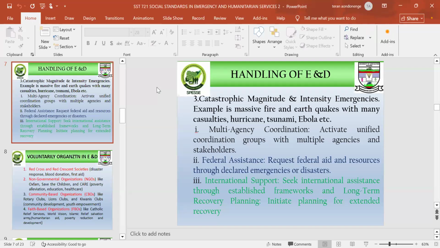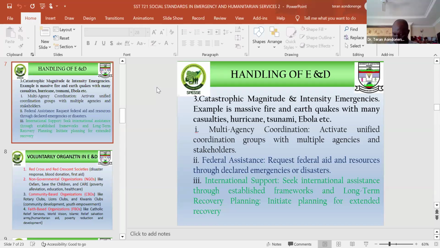Catastrophic magnitude and intensity emergencies. Example is massive fire, earthquake with many casualties, hurricane, tsunami, Ebola, etc. Then under it, number one, multi-agency coordination.